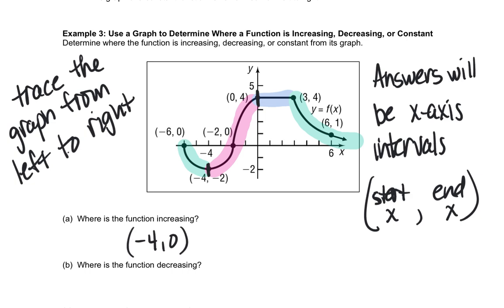Where is it decreasing? Well, it's decreasing in two different places because I got the two decreasing in green. So from -6 to -4, and from 3 to infinity, because that arrow says this one is going to keep going.